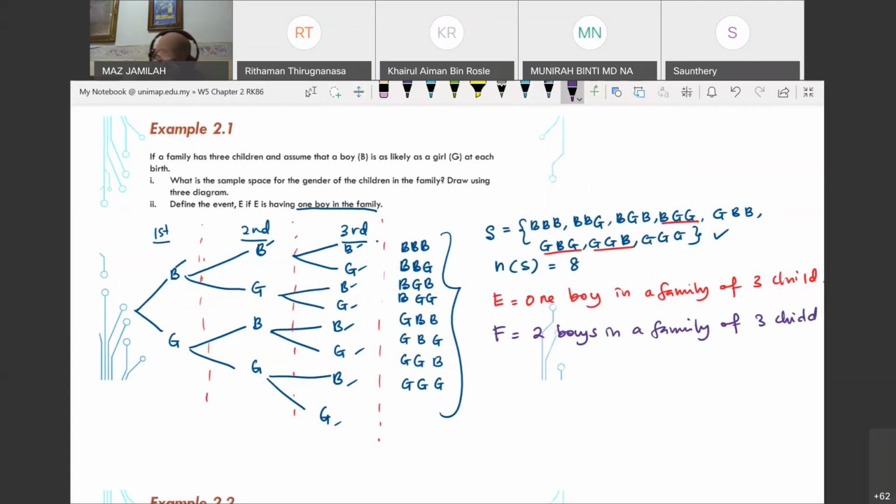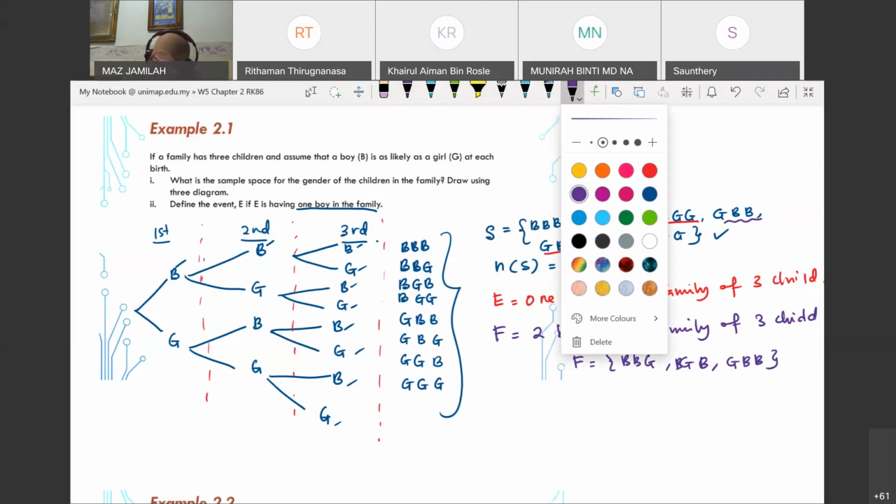Okay, so 2 boys means that exactly it will be this one and this one. Right. So if I list out, F is equal to BBG, BGB, and then GBB.